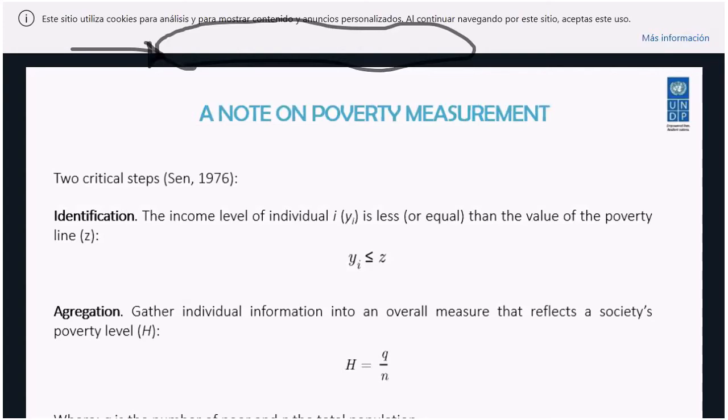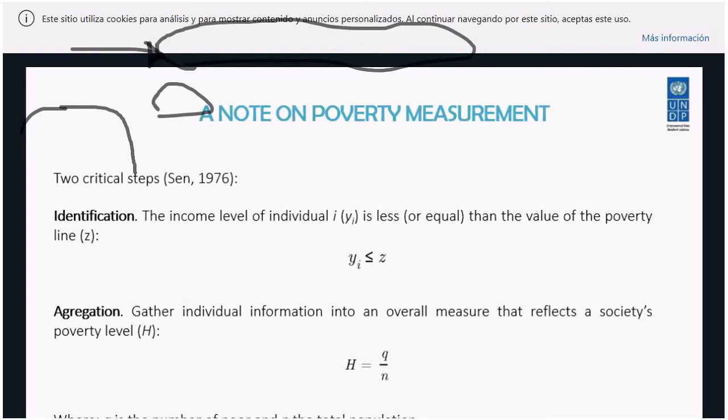So, 2 critical steps, which were devised by Amartya Sen in a very famous paper published in Econometrica in 1976, where he defined a very famous poverty measure, which is called the Sen Index.